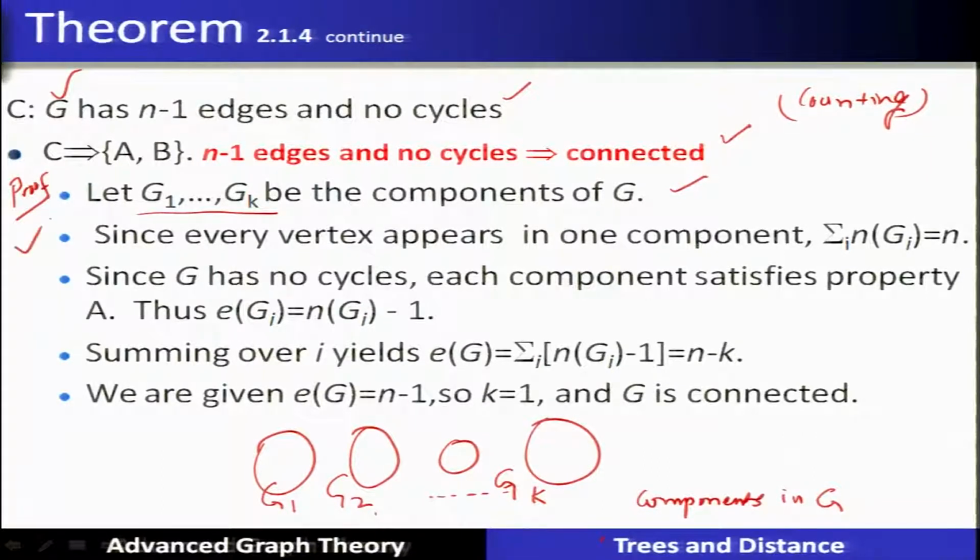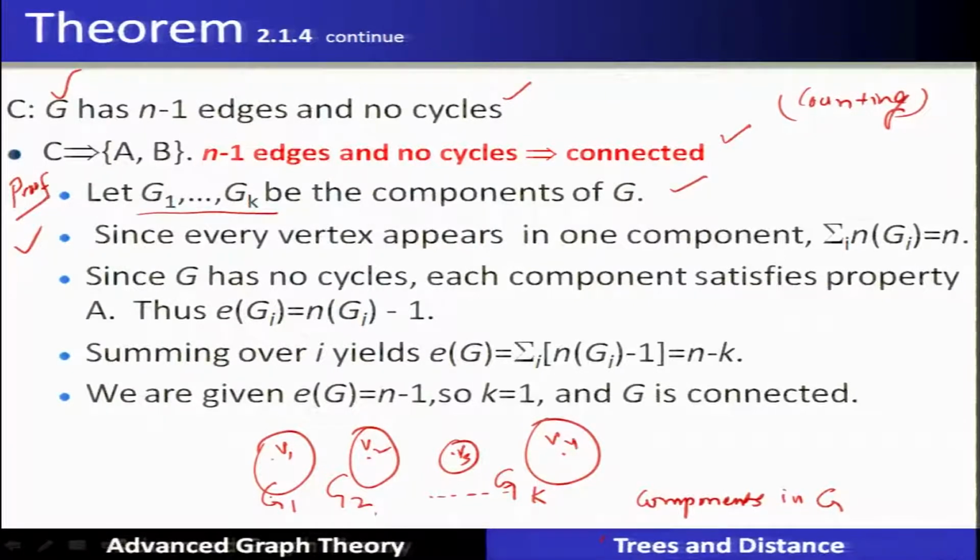Now, since every vertex appears in one of these, for example, if it is V1, V1 cannot appear in any other component. So, here V2 will appear, here V3 may appear, here V4 may appear and so on. So, every vertex appears in one of the components.